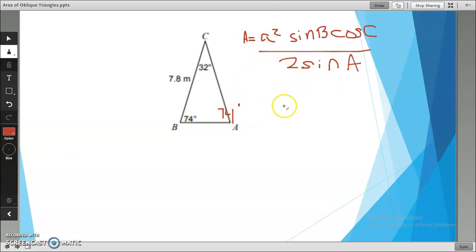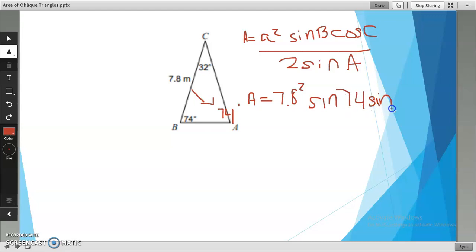We are going to use the exact same letters that they have here. So my A would have to be the side that I have across from that angle A. So we'll have area is equal to 7.8 squared times the sine of 32. Actually, my B is 74. So we'll use the exact same values, although it doesn't matter. I hope you understand that.